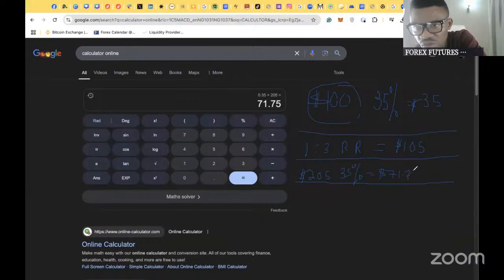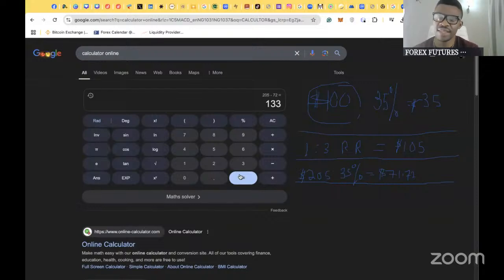We can call it $72. If we lose this amount, if we take it away from the total, we will still have $133 if we lose our second trade.